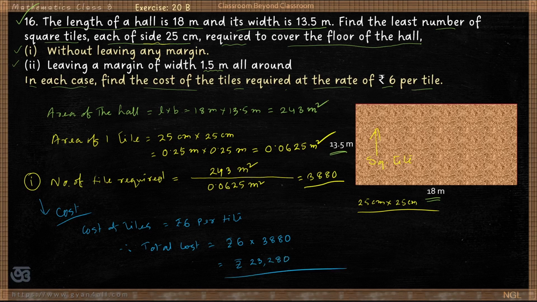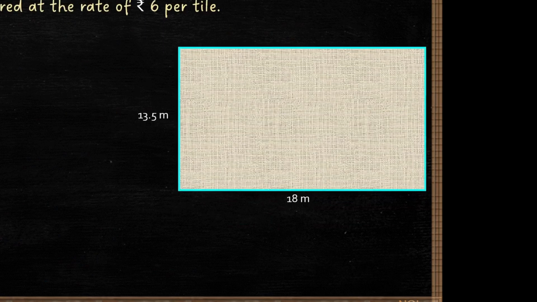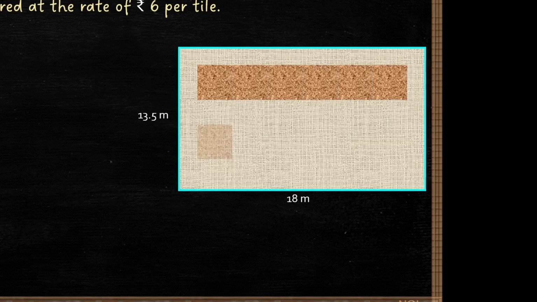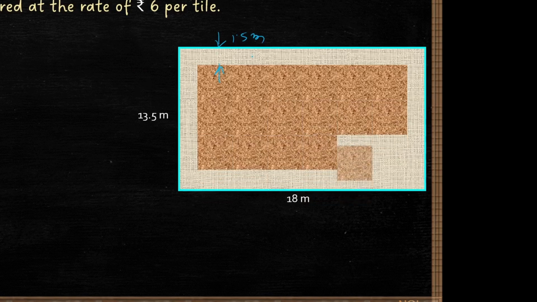Now if we leave a margin of 1.5 meter all around, so this is the hall and we have to fit the tiles like this by leaving a margin of 1.5 meter all around. So this is the margin, that is 1.5 meter all around.